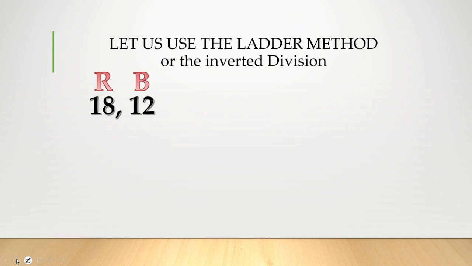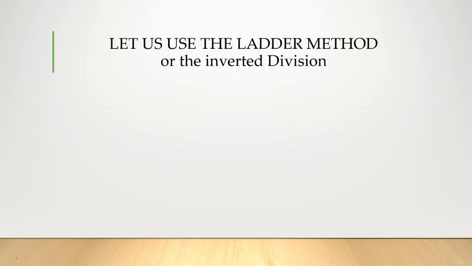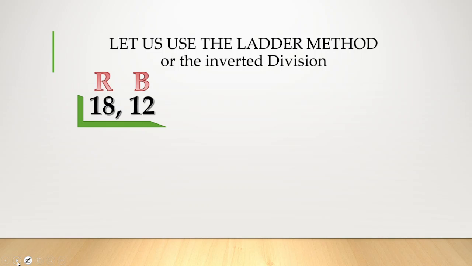So example, 18 red and 12 blue. So let's have the ladder method. So inverted division. So what could you use to divide 18 and 12? Is by 3. So 6 and 4.